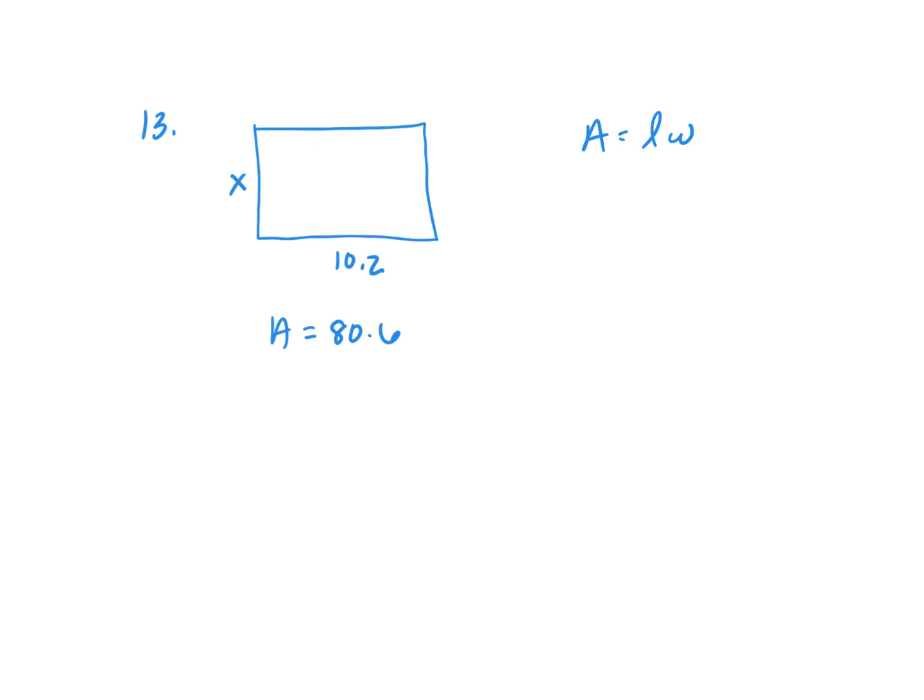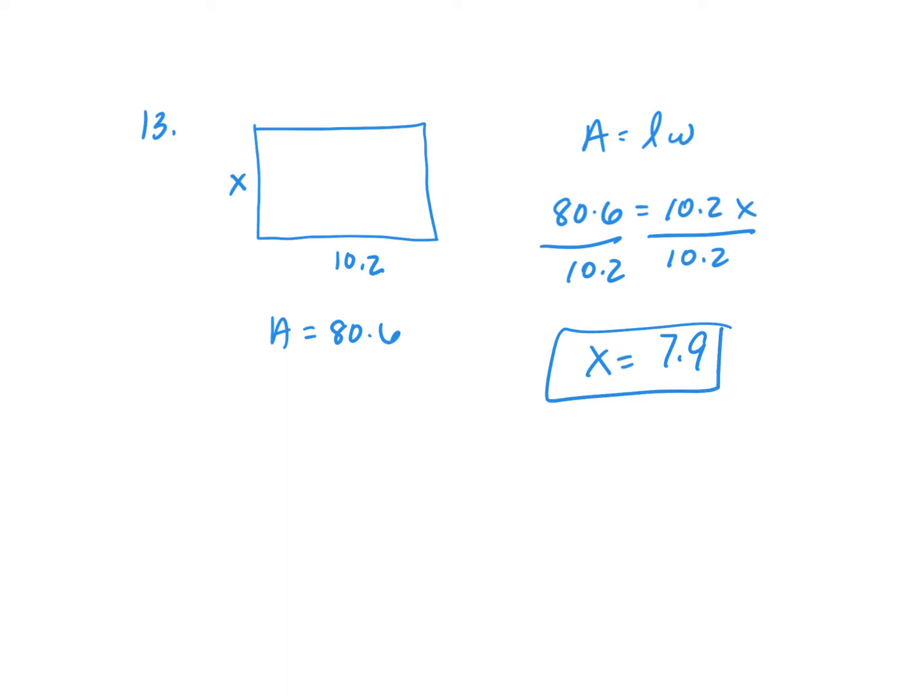So I know that 80.6 equals 10.2 times x. We divide by 10.2. And we get that x equals what on number 13? 7.9? Yeah. And that is your answer. That's simple enough.